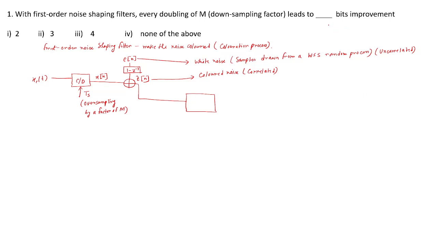I guess you remember from the basic upsampling process, if you have a frequency response like this from minus pi to pi, when you do upsampling by a factor of M, what you end up doing is, first of all, you shrink your original spectrum to minus pi by M to pi by M, and not only that, you create M minus 1 copies.